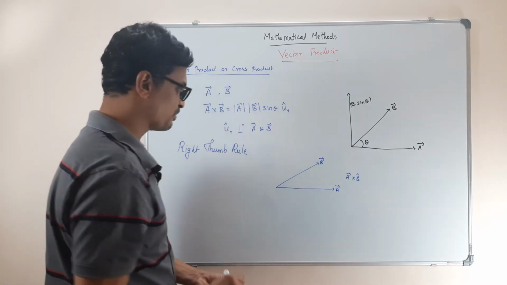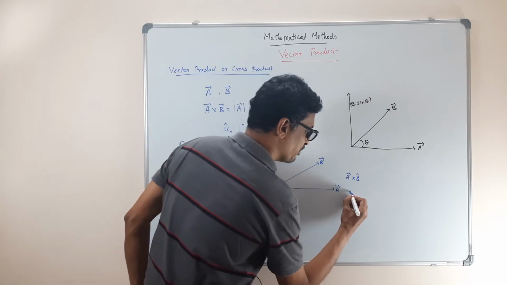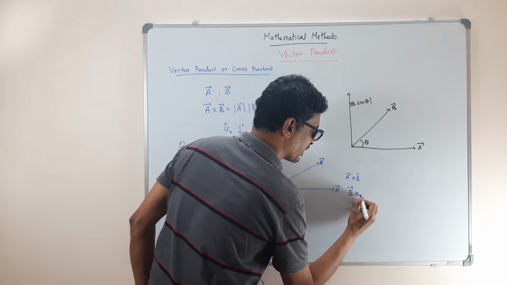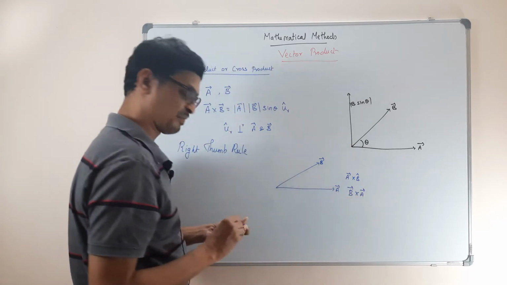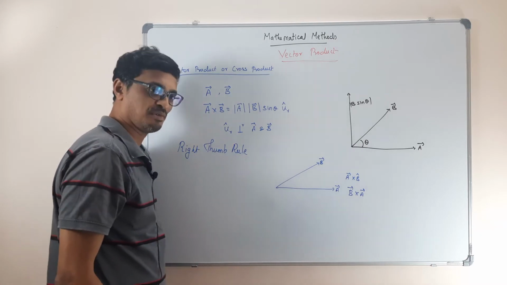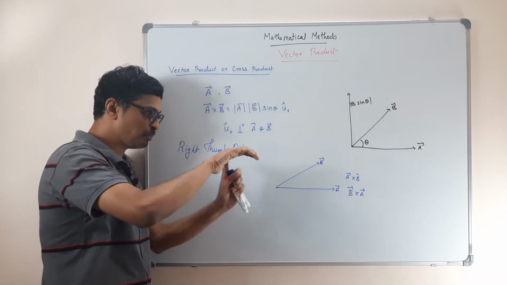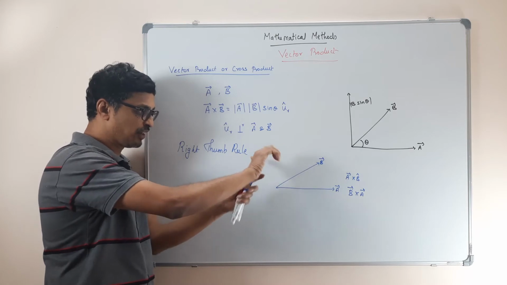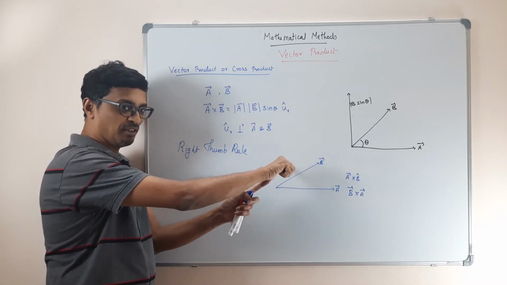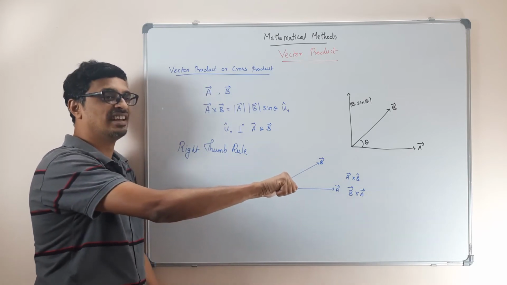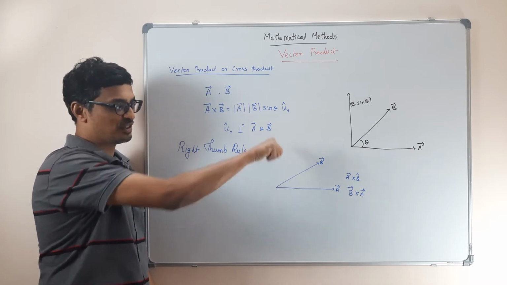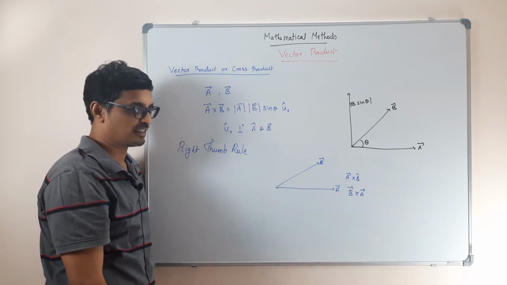Now you tell me what should be B vector cross A vector. Yes, like this, because B is above now. The curled fingers should go from B to A now, so the vector direction is inwards. Now is the vector cross product commutative or not?